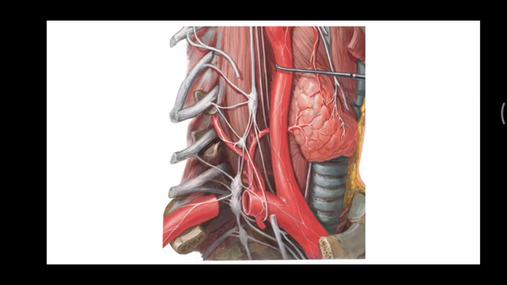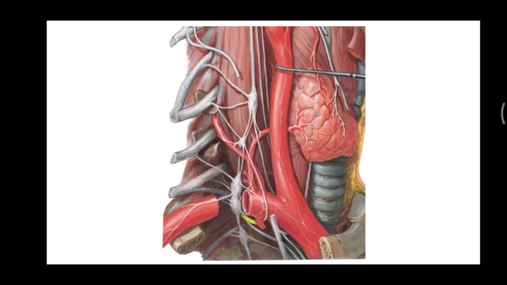The branches from the stellate ganglion include the gray rami communicantes to the C7 nerve and the C8 nerve. The preganglionic fibers for the upper limb are derived from T2 to T7 segments of the spinal cord, and they reach the cervicothoracic ganglion by running up the sympathetic trunk.